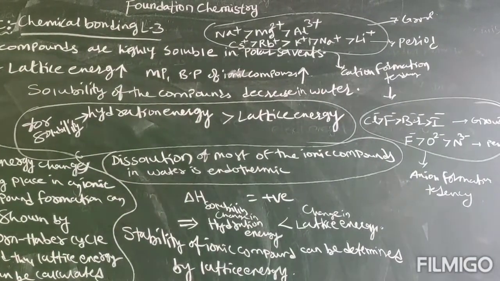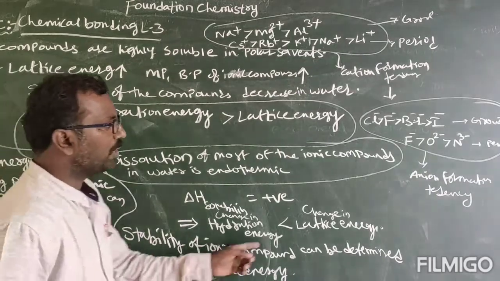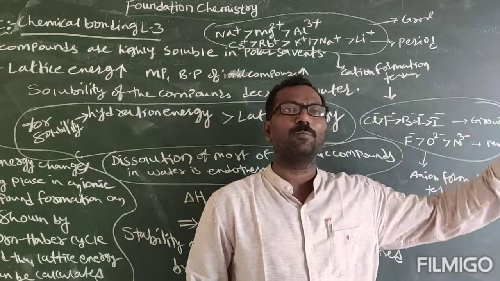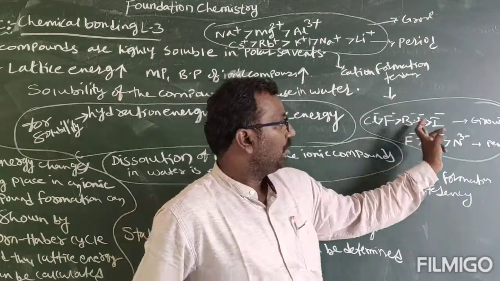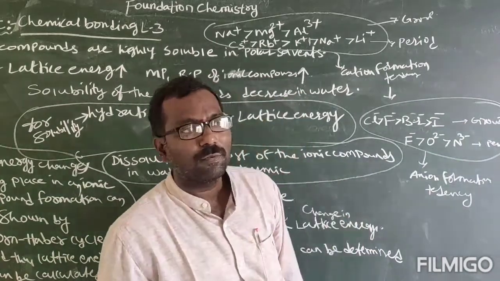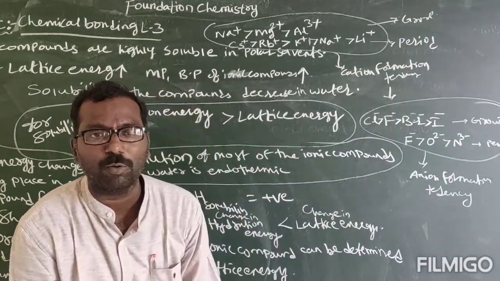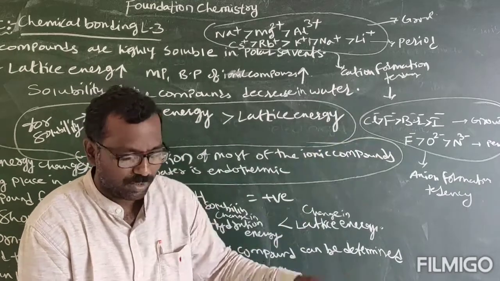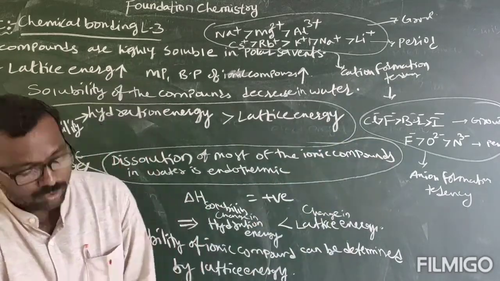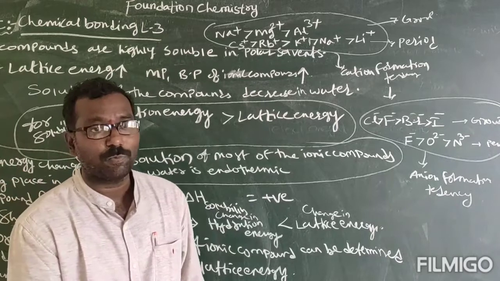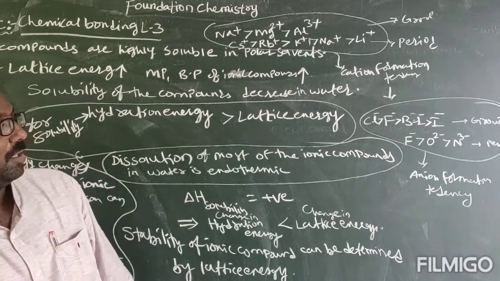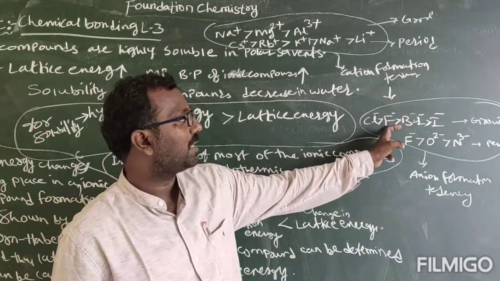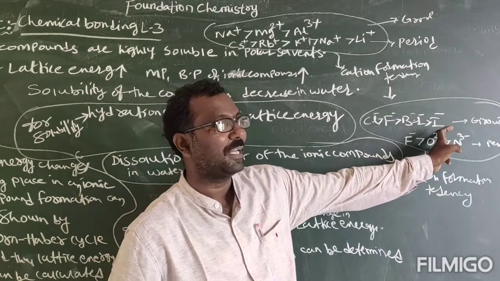See, anion formation tendency, if you move in a group from top to bottom: fluorine, chlorine, bromine and iodine. But here chlorine is the most electronegative element. So chlorine is greater than fluorine, greater than bromine, greater than iodine.